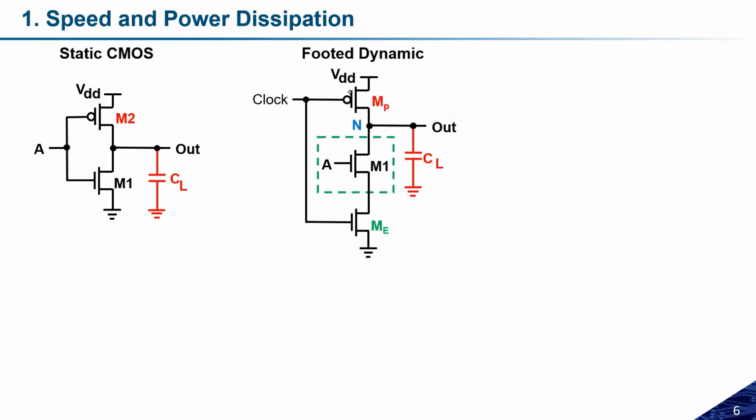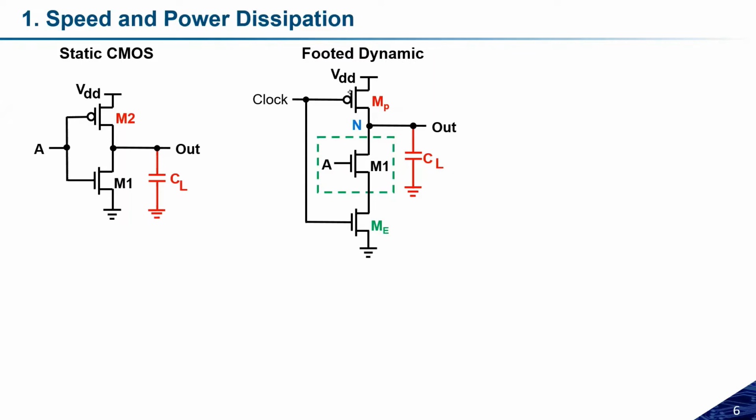And we saw that if we consider the size of both the pull-down transistors, M1 and ME, to be equal, and the same as the M1 in the CMOS static logic, then the delay will be increased, especially if I am discharging the load capacitor. So the TPHL is going to be doubled.